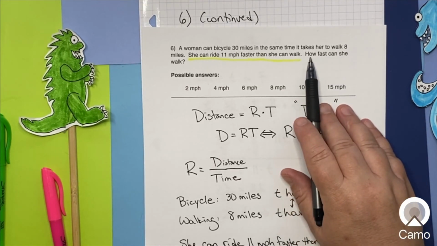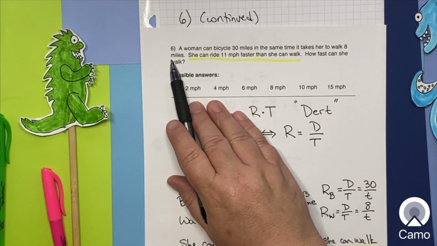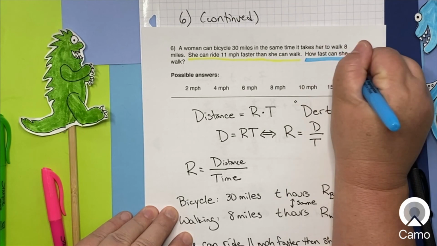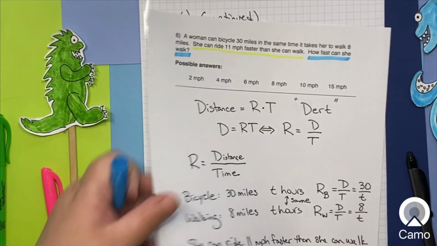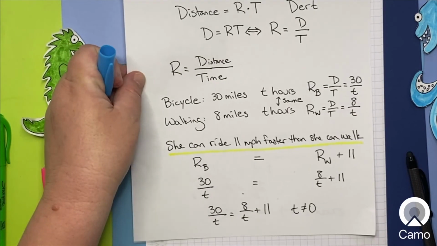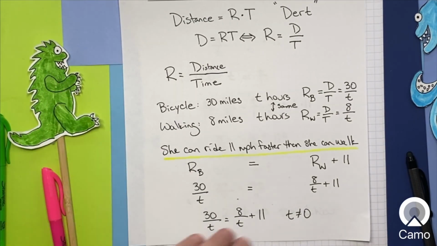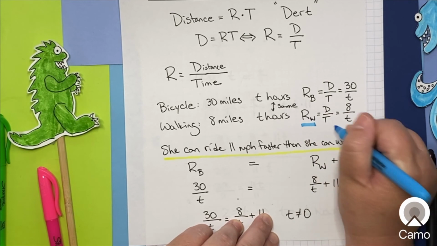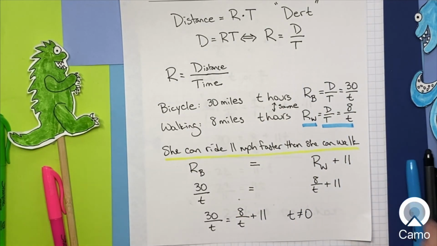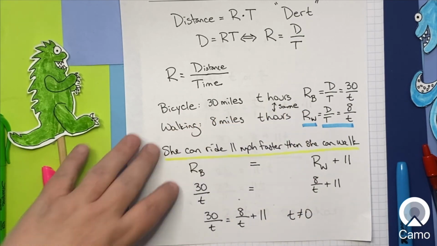The problem says, how fast can she walk? Where is that in the problem? Because I got t equals 2 hours. That's not speed. So what's her speed or her rate? And the answer is, this is what we're looking for right there. How fast can she walk?